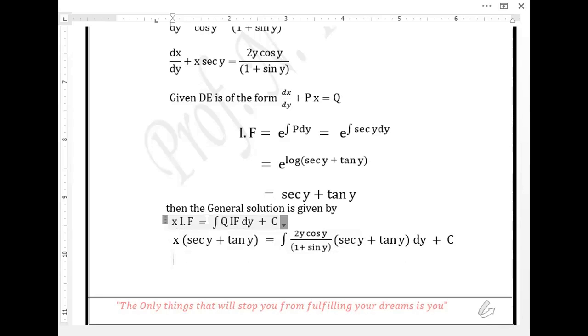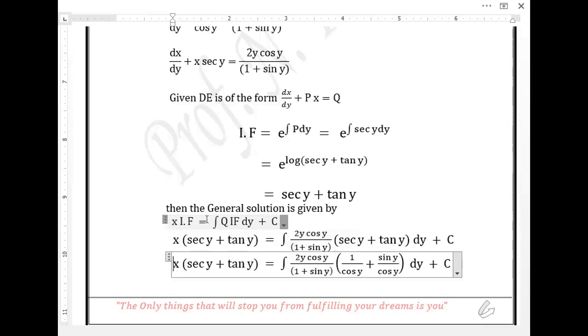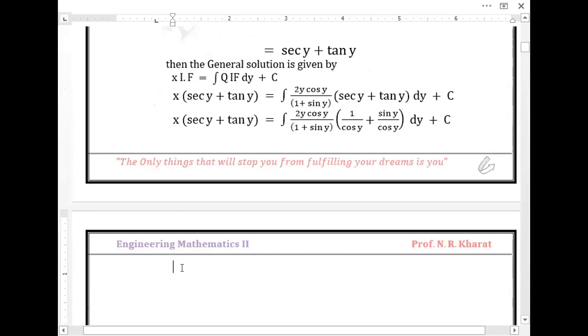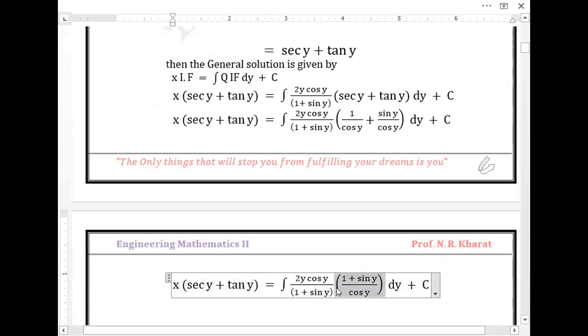So we make the simplification again here. After simplification, this 1 + sin y divided by cos y cancels with the 1 + sin y, and cos y cancels.